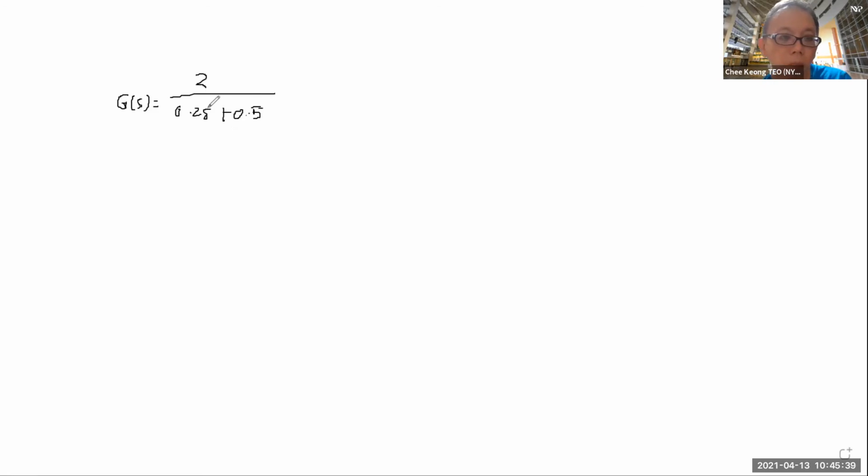First of all, for Laplace inverse you have to make sure you normalize the S part. In order to normalize it, I need to make the coefficient of S equal to 1. So I have to divide the top and bottom by 0.2. If I divide the top by 0.2, I will get 10, right? Then 0.2 divided by 0.2 will be 1, and of course you have 0.5 divided by 0.2.